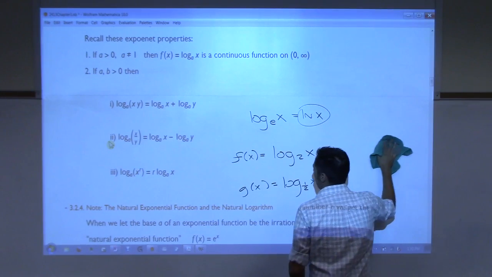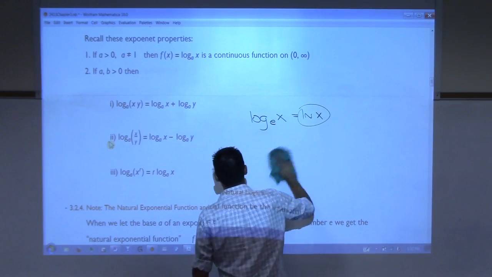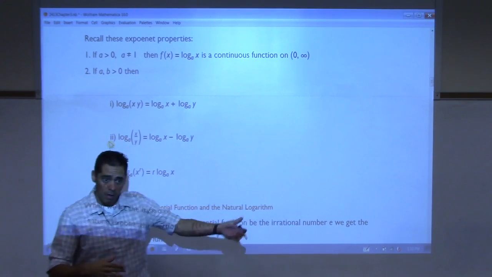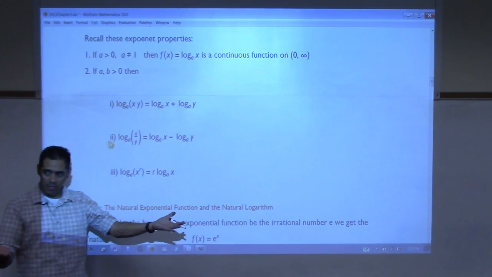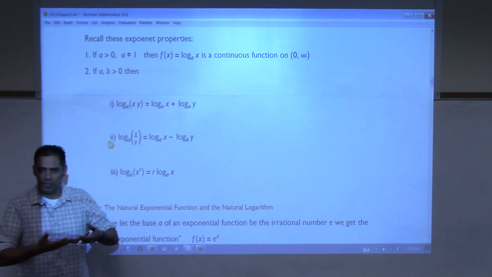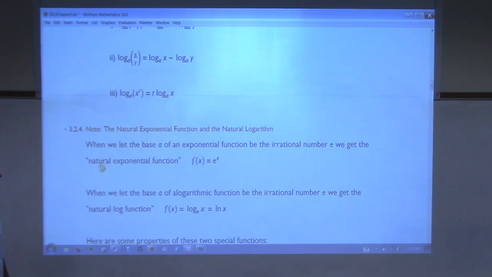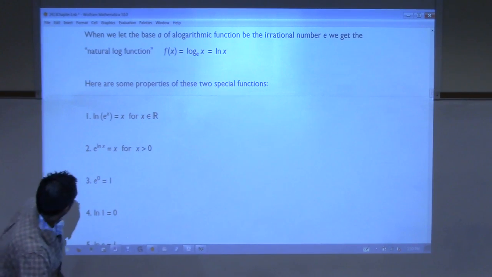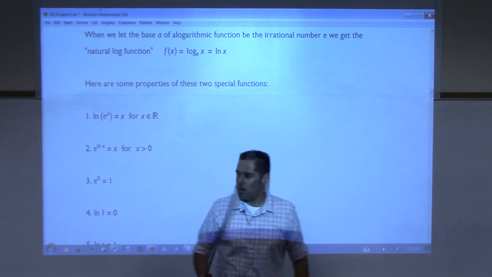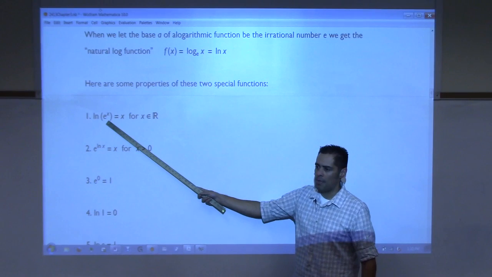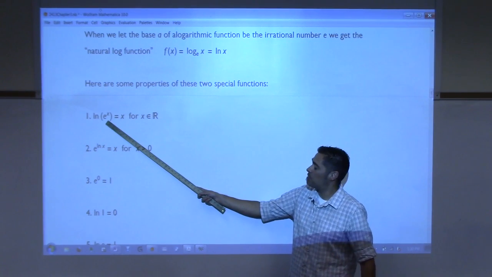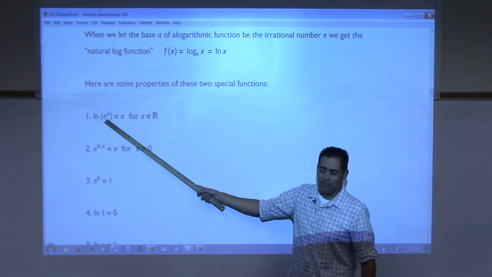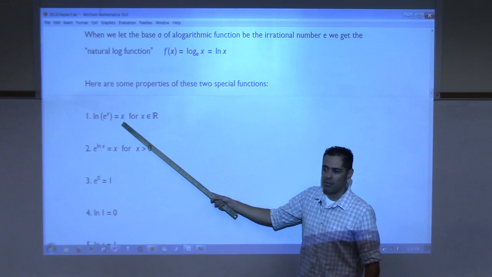Now, the natural log is related to the natural exponential function, right? The natural log function and the natural exponential function are inverses, and they have properties that we need to know. If you put a natural log together and compose it with the natural exponential function, the natural log and the e kill each other off, and whatever was up here drops out.